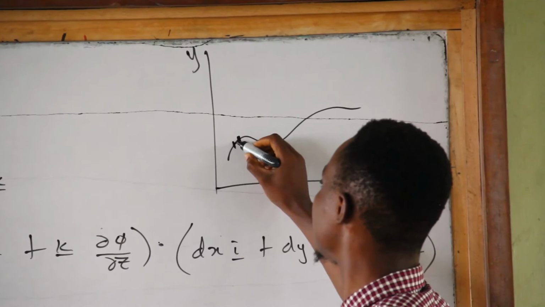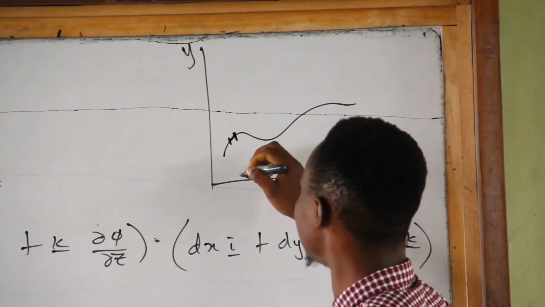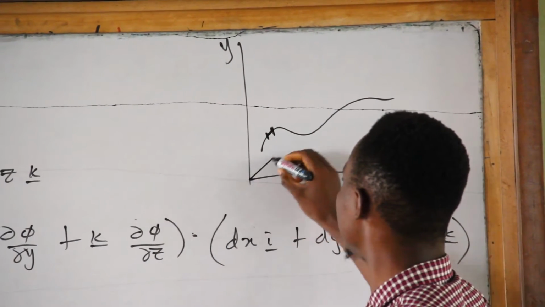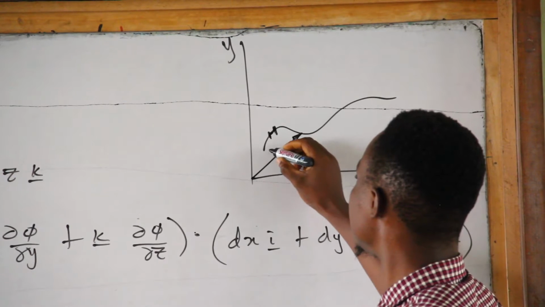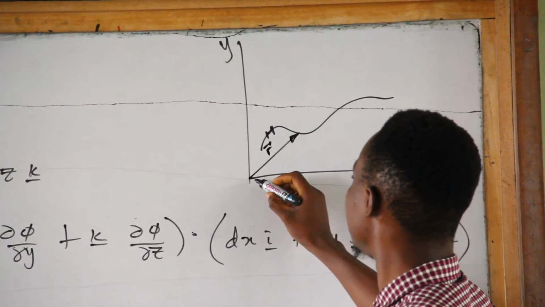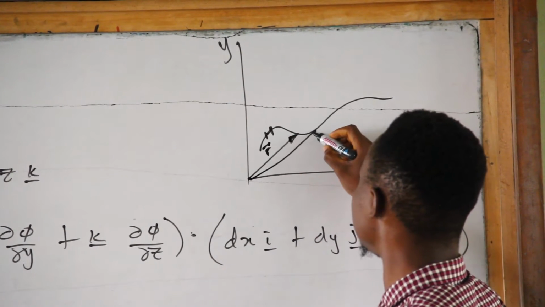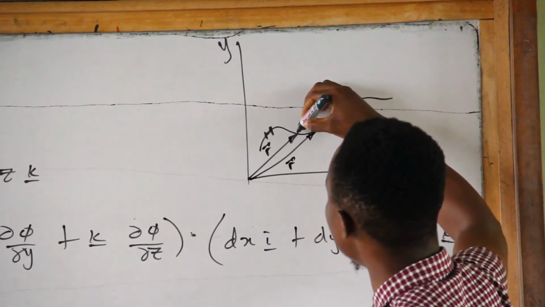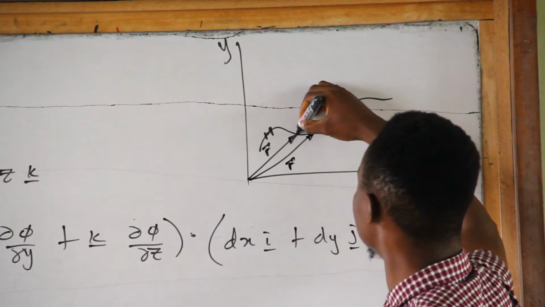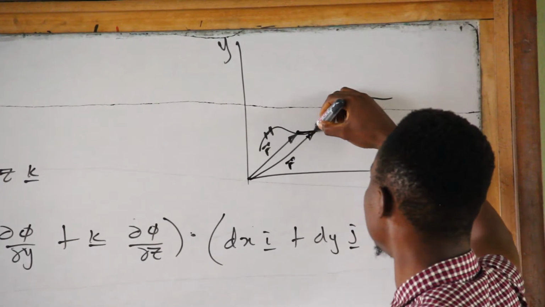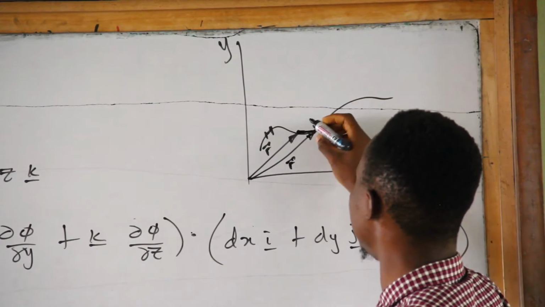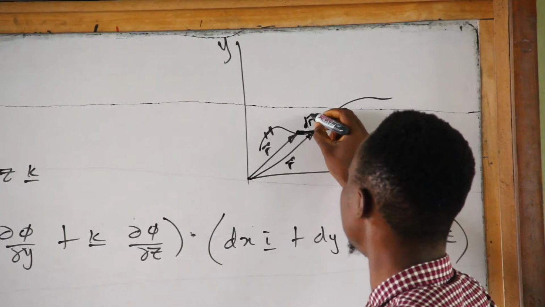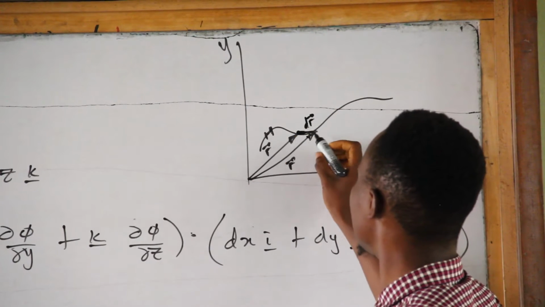Let's say this is the position r at some distance, and then this is the position at another distance, let's call it r prime. That's the differential change in r, dr. You can see this small length here. That small length is dr. Its modulus is what we call ds.